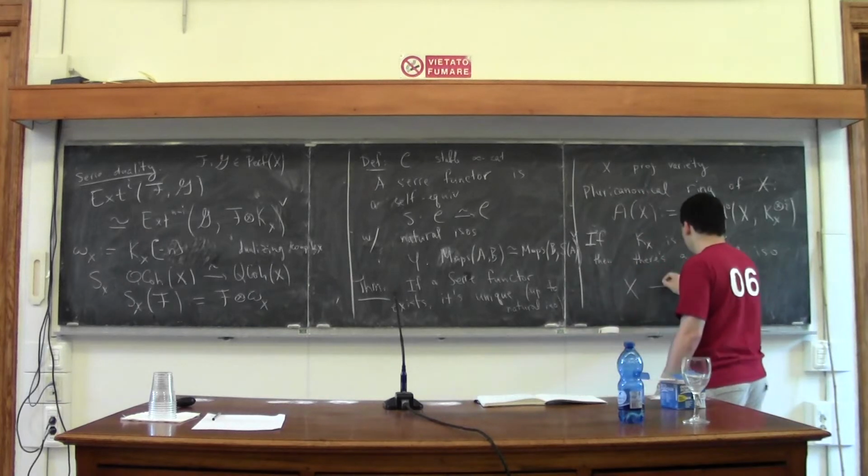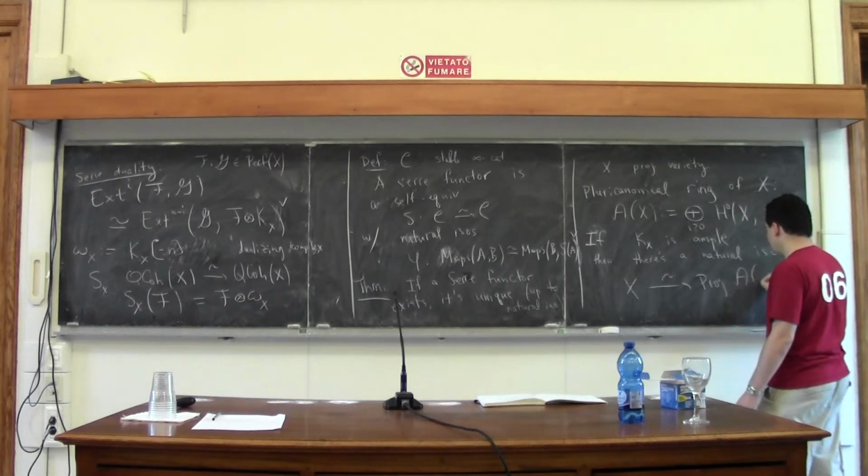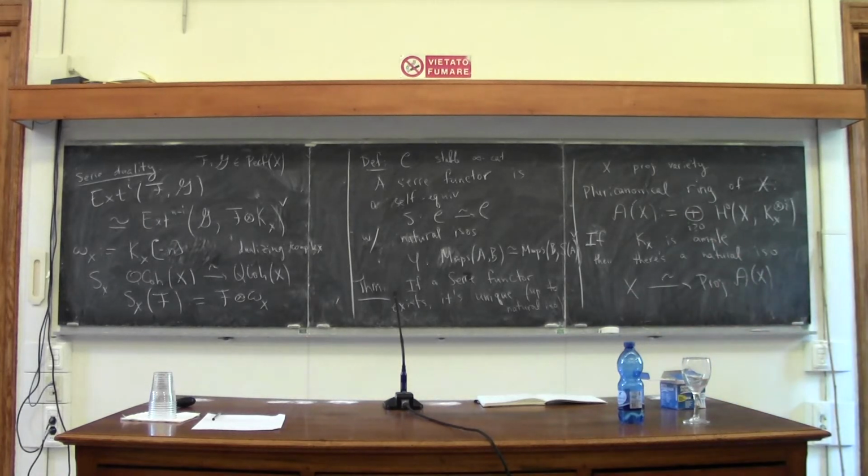This is a graded ring. There's a construction similar to Spec, called Proj, which takes graded rings and produces projective varieties. The idea is, if you have a ring, what is Spec of it?